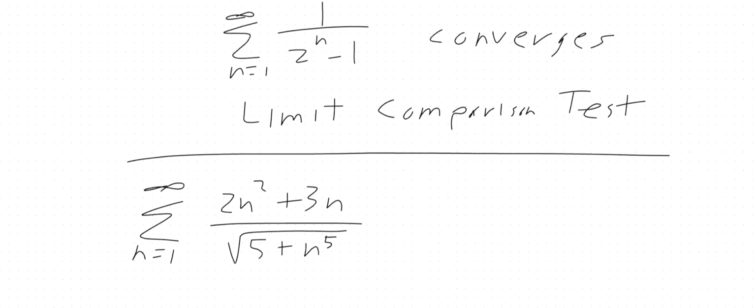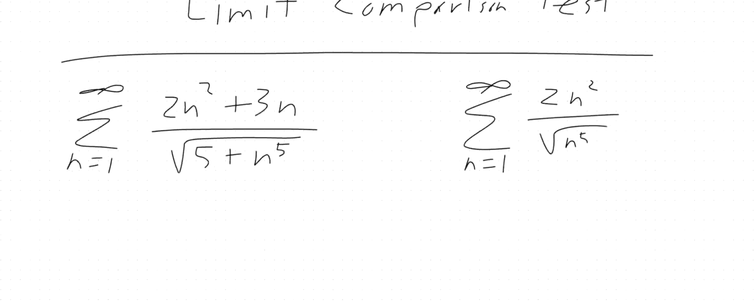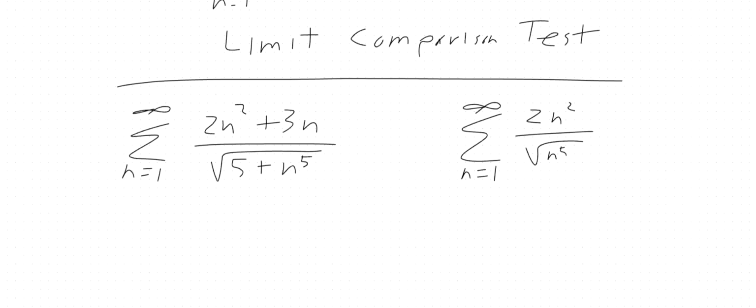So what would happen if we did 2 times n squared, all divided by the square root of n to the fifth? If we simplify this, that bottom would be n to the 5 halves.